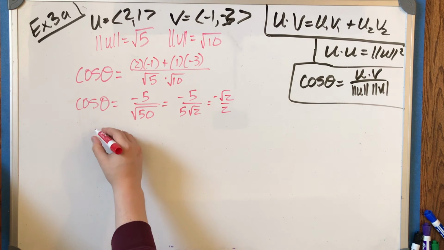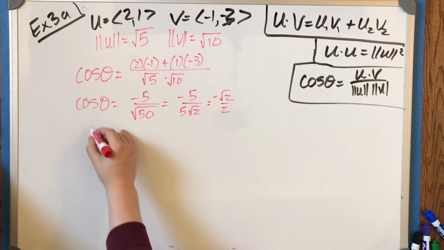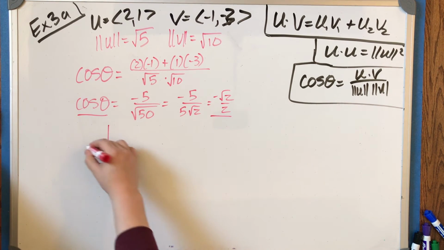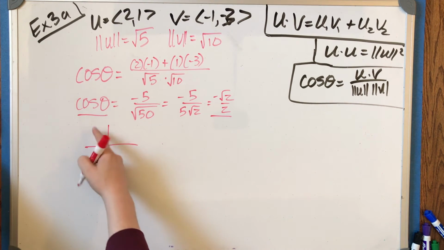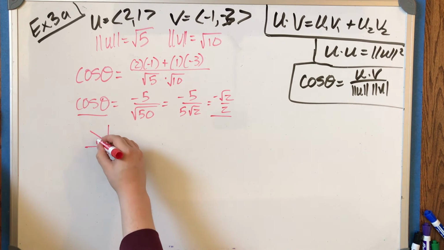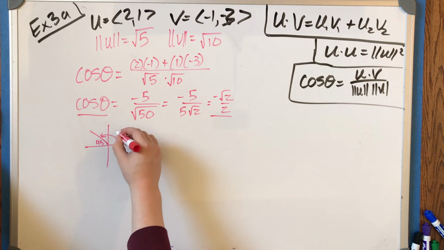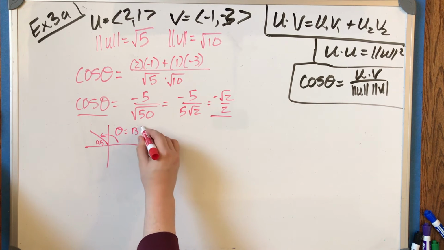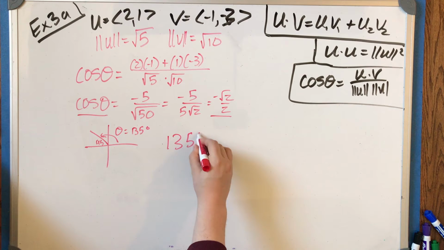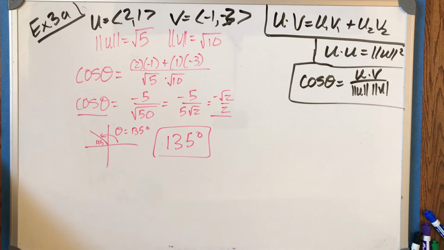So if cosine theta equals negative square root of 2 over 2, it's negative, so it's going to be over here, and that's going to be when it's a 45. So what is the actual angle then? That's going to be 135. So the angle in between these two vectors is going to be 135 degrees.